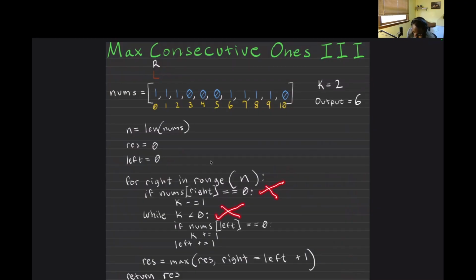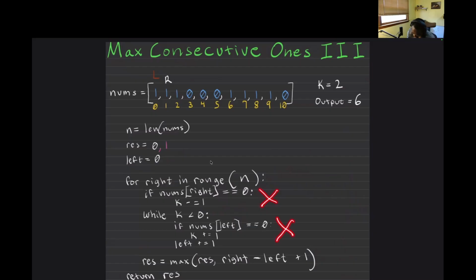None of these cases hit, right? So we're going to update our res to be equal to right minus left plus 1. So 0 minus 0 plus 1 gives us 1, right? Now we're back inside this for loop. We get here. This case doesn't hold.